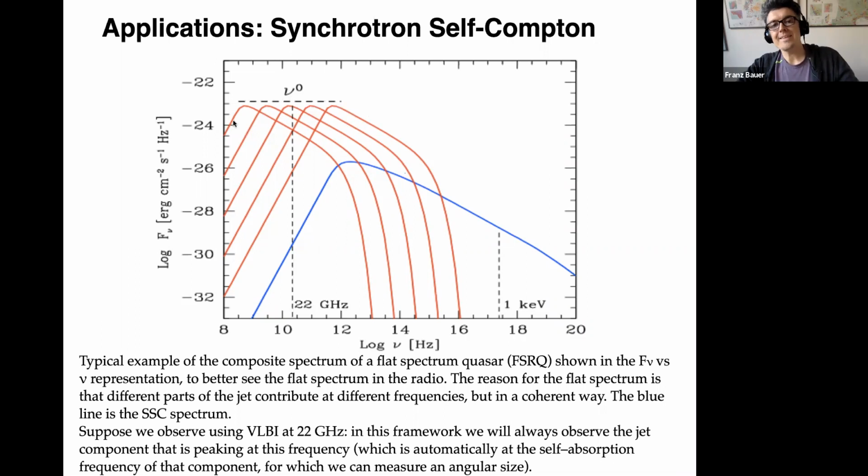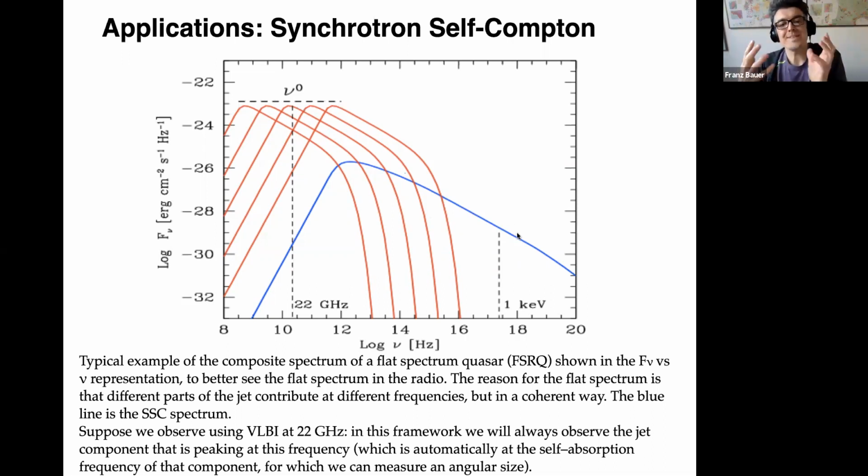And then each one of these portions of the jet is leading to some inverse Compton, which is giving something which then looks like this. So this is a typical spectrum for a flat spectrum radio source. This is what you might expect to see: the absorbed portion, the flat portion, the declining portion, and then an inverse Compton portion.